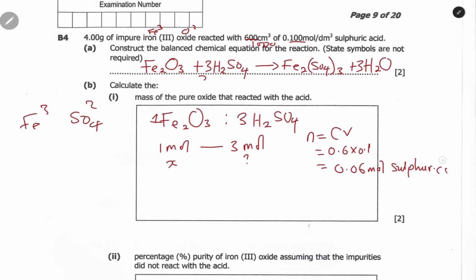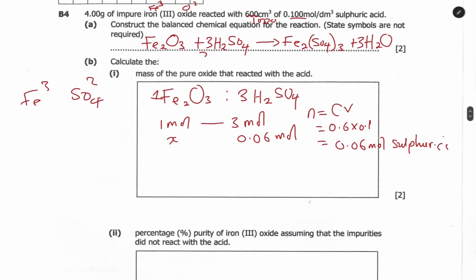Okay, so we are saying 1 mole of iron oxide reacts with 3 moles of sulfuric acid. What will be the moles of the oxide?